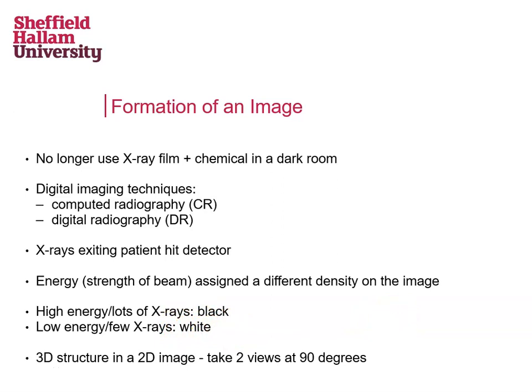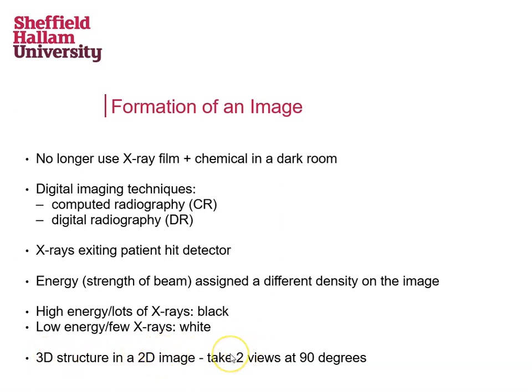Now these are all done as if you imagine just taking an X-ray of a patient, you just get an image of where the X-rays have been blocked, and therefore you only get one view of the patient. We can do 3D structures from multiple 2D images.